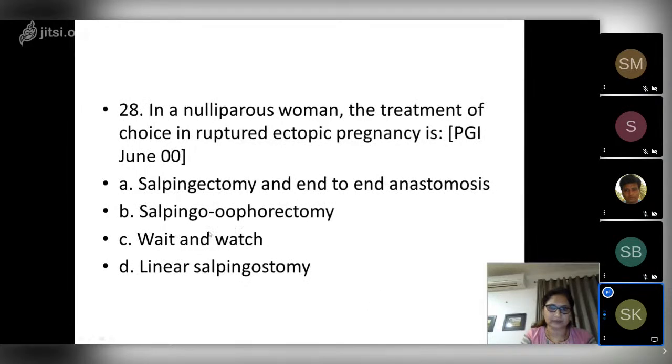We don't go for salpingo-oophorectomy or wait and watch in this case. So we are left with either salpingectomy with end-to-end anastomosis or linear salpingostomy, which is ideal in a nulliparous woman. D. And remember what they've asked is in ruptured ectopic. So which is the ideal procedure, salpingectomy or linear salpingostomy, in a ruptured ectopic?